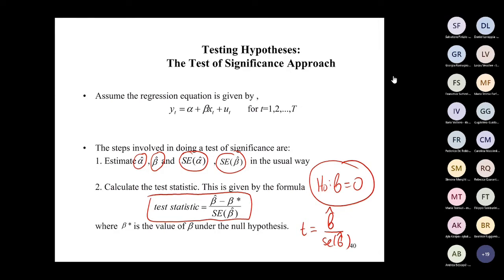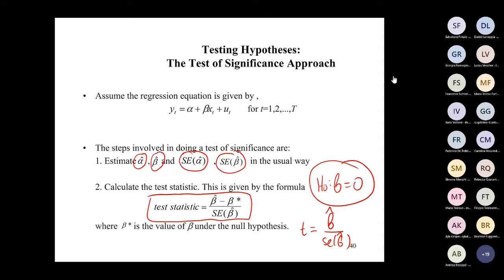So when we are testing whether beta equals 0, in fact what we are testing is whether X can help me in explaining Y. One more time, this is important, I'm going to repeat it.